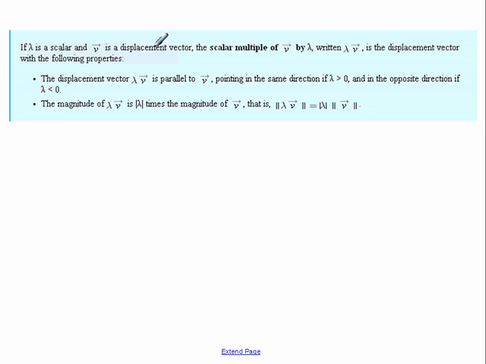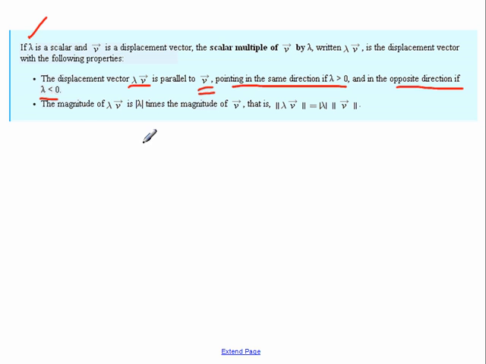When we multiply by our scalar lambda, the displacement vector, lambda times vector, is going to be parallel to our vector. And like I said before, it will point in the same direction if lambda is greater than 0, and the opposite direction if lambda is less than 0.